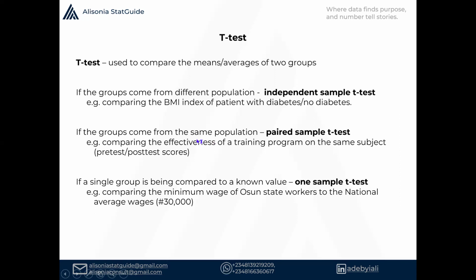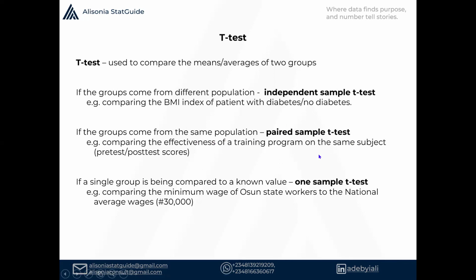However, if the group comes from the same population, we are going to have the paired sample t-test, which is also known as the dependent sample t-test. In this sense, you want to compare the effectiveness of a training program on the same subjects.